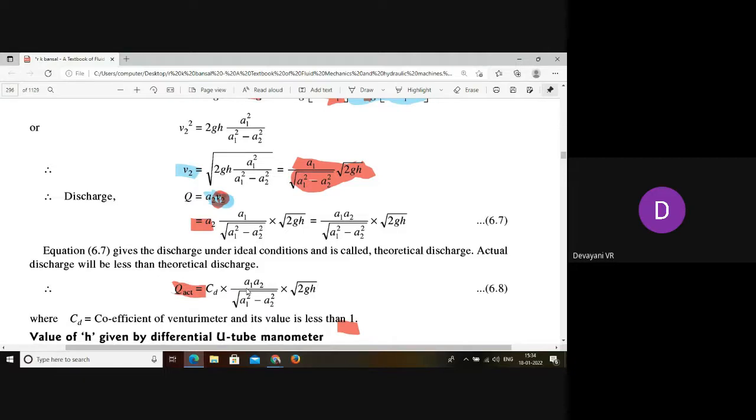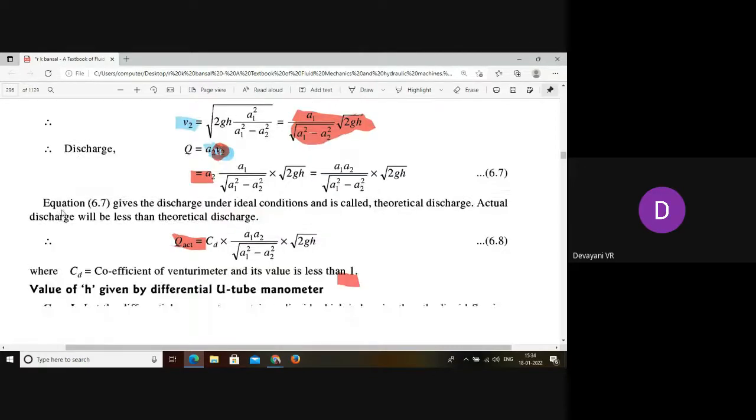That means the value ranges between 0.98 to 0.99 only. Okay, so that is the derivation, the expression for rate of flow by using the venturimeter. A very important one. You have to remember this derivation for the venturimeter, even for the exams also.